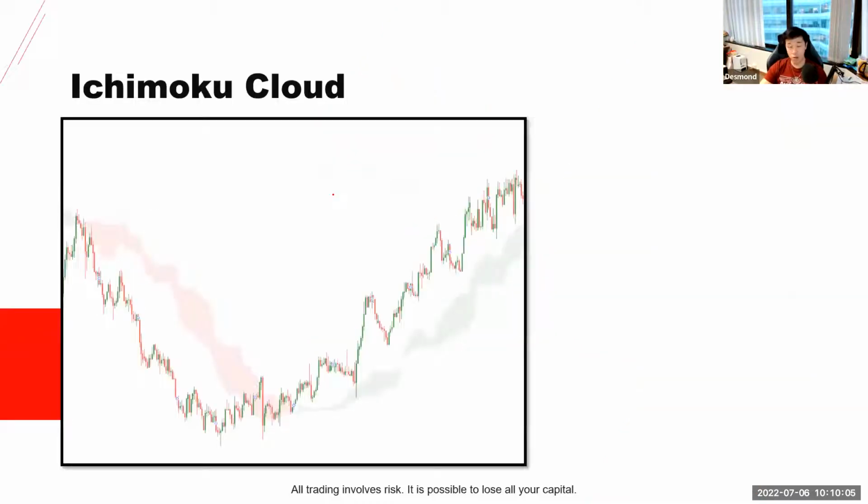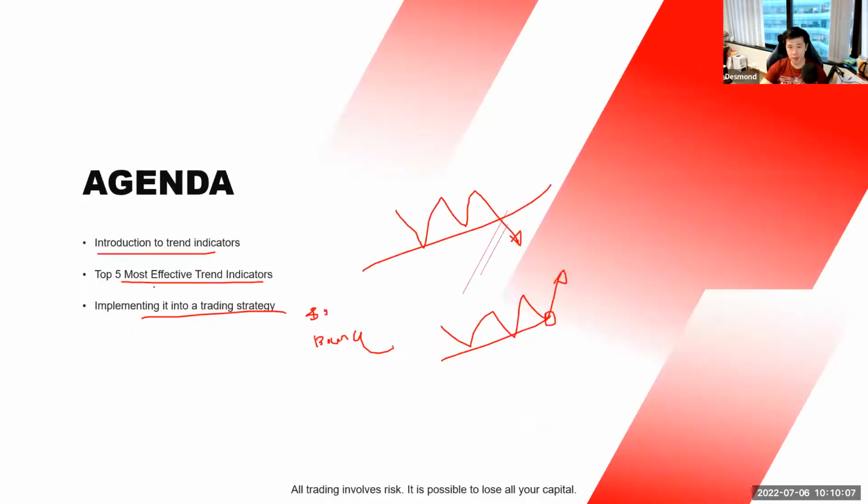On to the first introduction to trend indicators. There are many trend indicators out there. There's stuff like the Ichimoku Cloud, we call it IKH. There are some moving average indicators. There's even the MACD, which measures once it crosses the signal line in the middle, where there's a bit of a picking up of momentum.